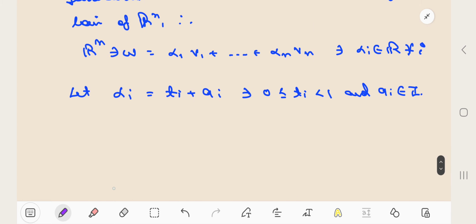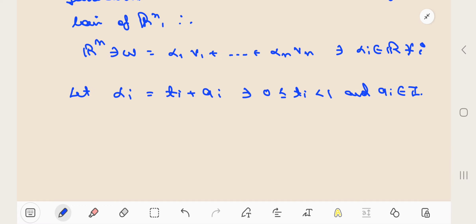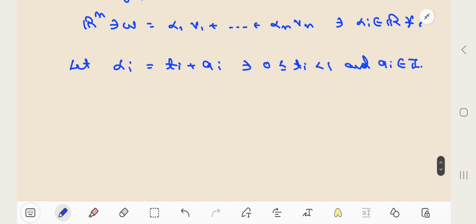So I am just removing the integer parts from the coefficients. That is exactly the thing I am doing here, because these ti's will constitute the coefficients of an element inside the fundamental domain, and these ai's will constitute the elements coming from the lattice. Because then I can write w, if I distribute this out, as t1 v1 plus t2 v2 and so on till tn vn.